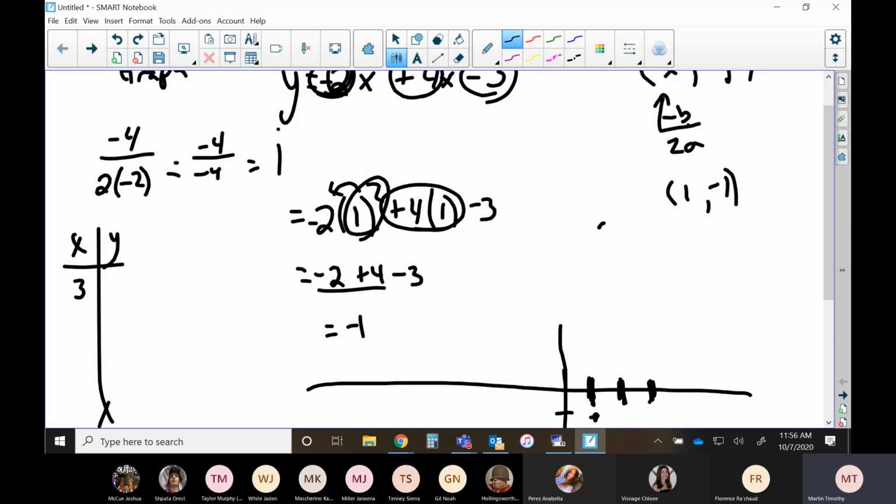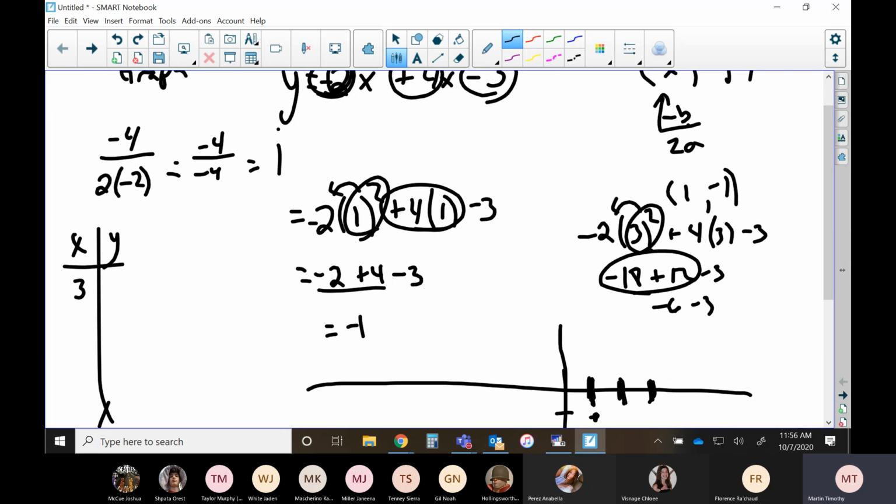So it's going to read -2 times 3 squared plus 4 times 3 minus 3. That squared is 9. 9 times that is a -18. Plus 12 minus 3. This and this make a -6. A -6 and a -3 make a -9.